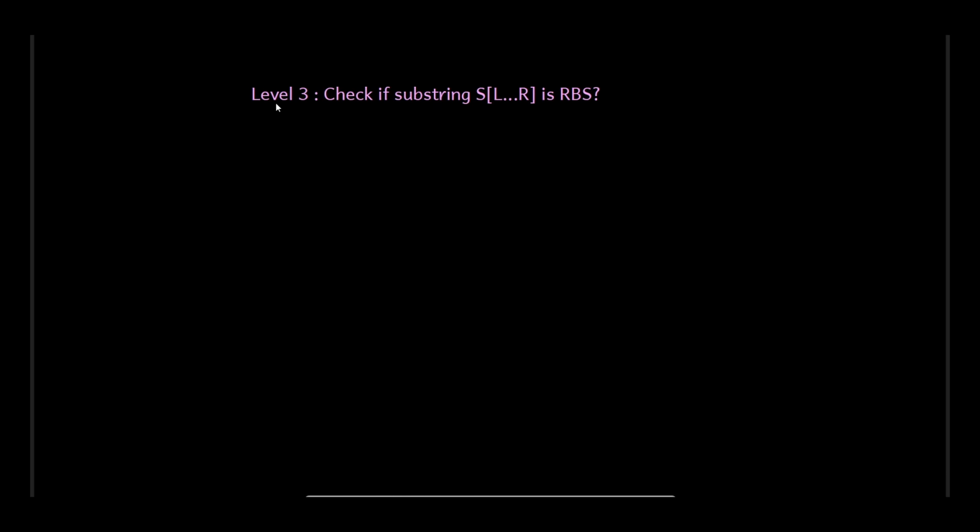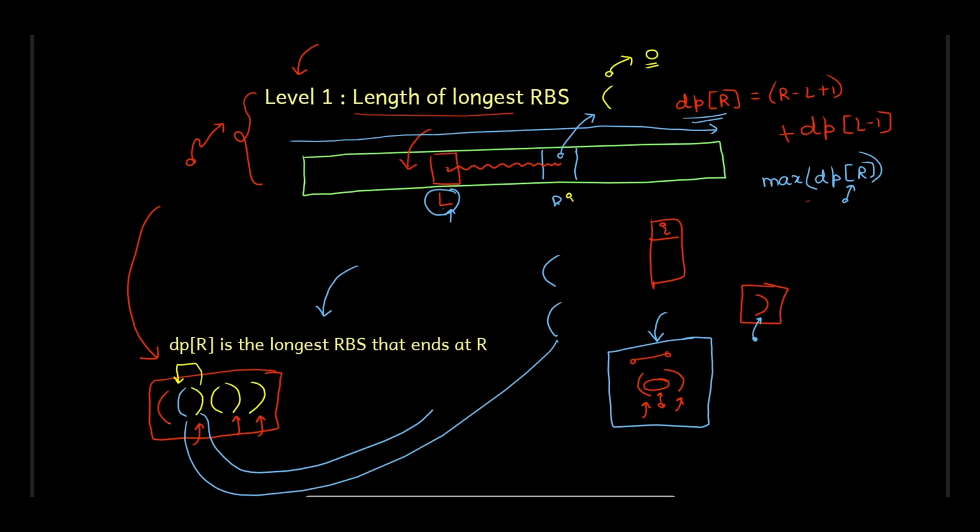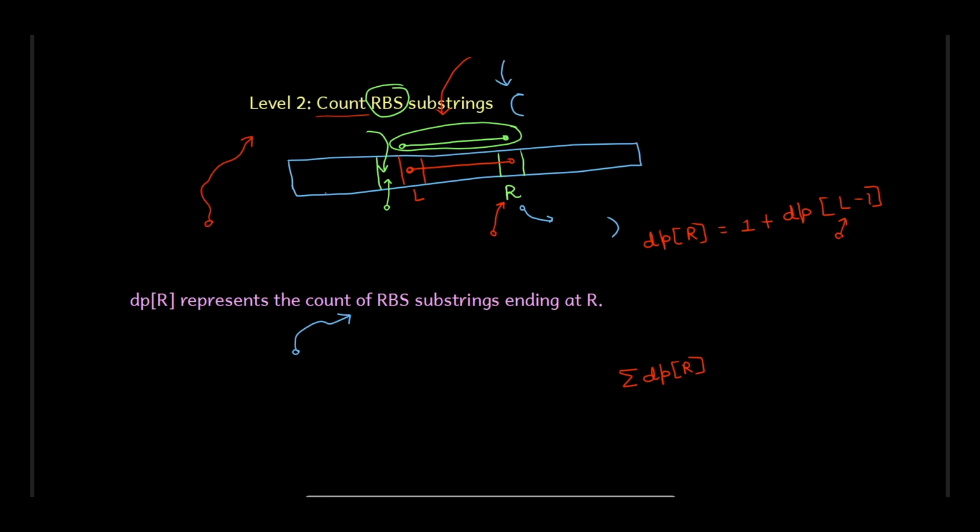Now for this problem, I would have to admit that I could not find an easy solution for this, because for these two problems I told you that there are easy solutions that use stack and dynamic programming, and there are other fancy data structure solutions as well.